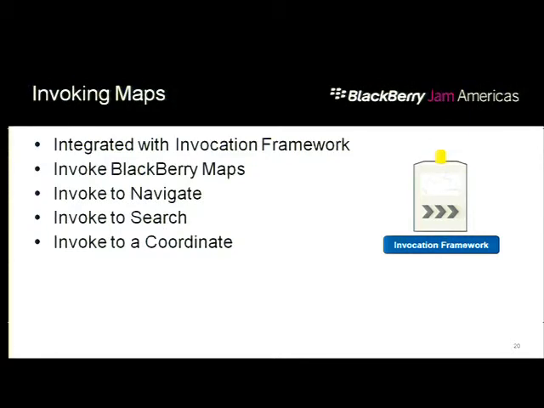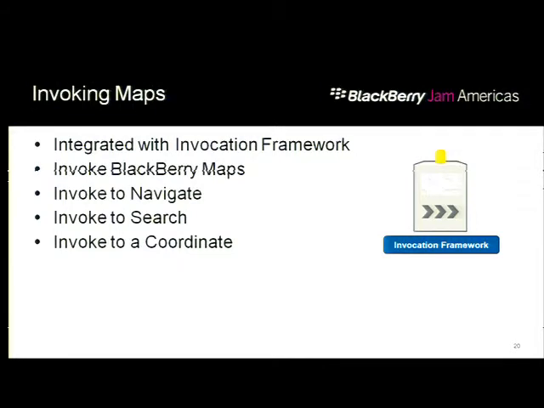And BlackBerry Maps is one of those other apps. So you can invoke just the BlackBerry Maps application, bring it up to the front. You can invoke to start a navigation session, providing it with a source and destination address. You can invoke to search with some keywords. So you invoke with Starbucks, for example, and it's going to show the search results after invoking BlackBerry Maps.